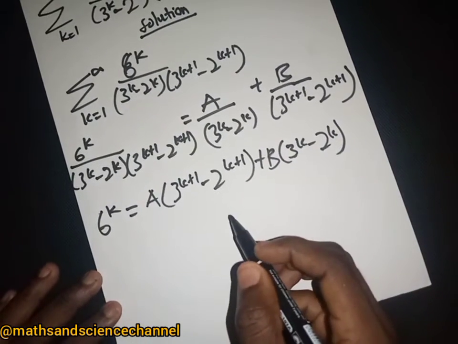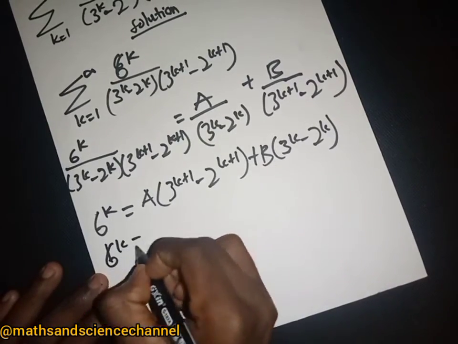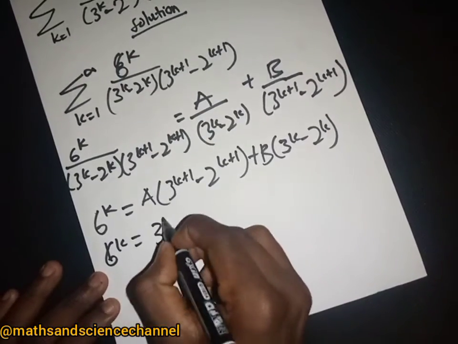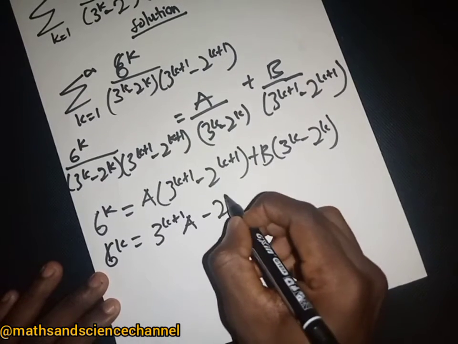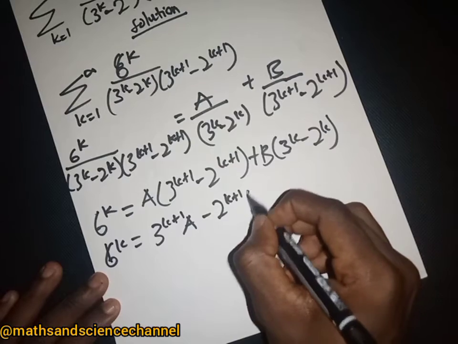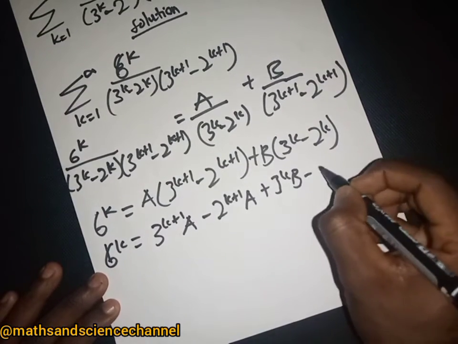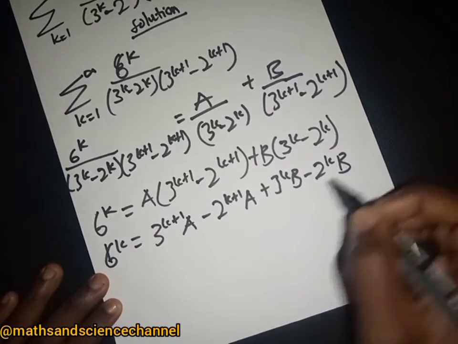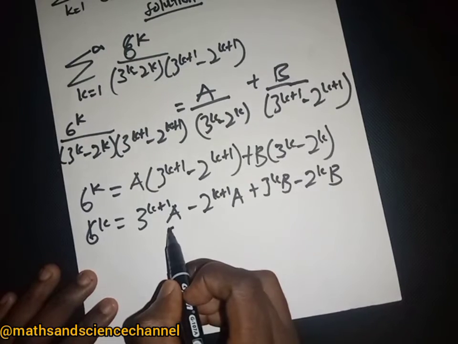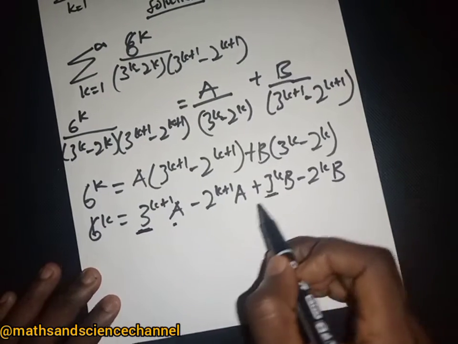Solving this, we can just expand. We have 3^(k+1) multiplied by A, minus 2^(k+1) multiplied by A, then 3^k B minus 2^k B. So what we'll do is group like terms. We have the powers, the base 3 here and the base 3 here.